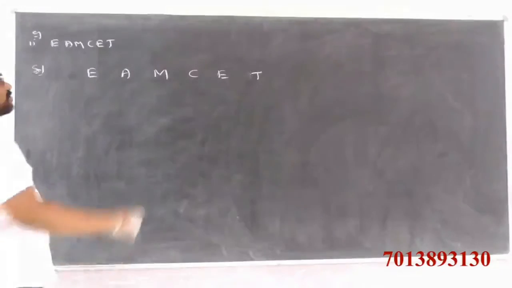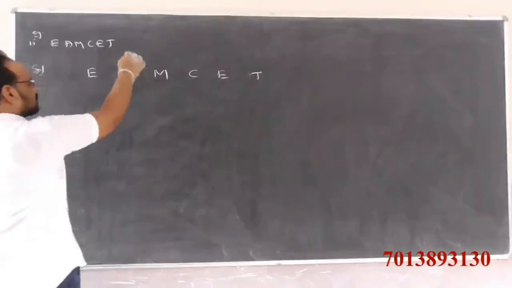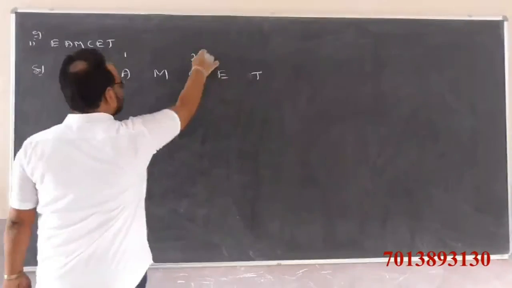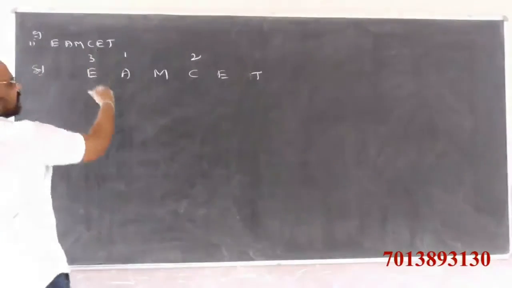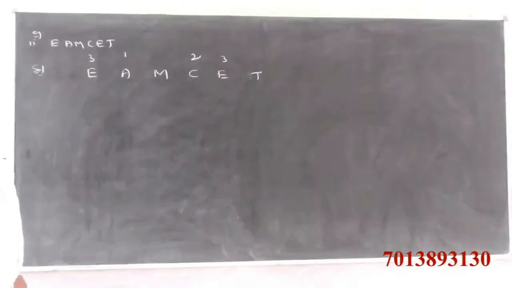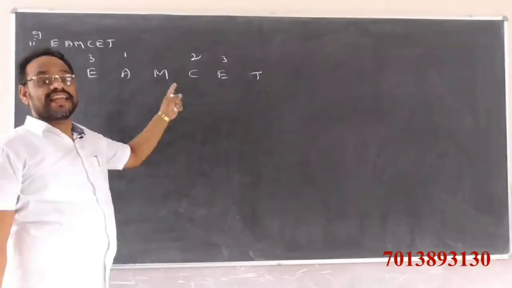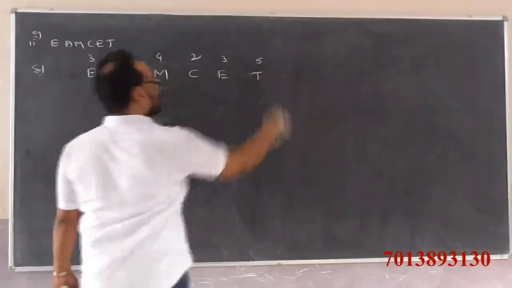According to dictionary order, we get first A, after that we get this is number 2. After that we get E, 3, E also 3. After that A, B, C, D, E, F, G, H, I, J, K, L, M. So this is 4, this is the 5th position.